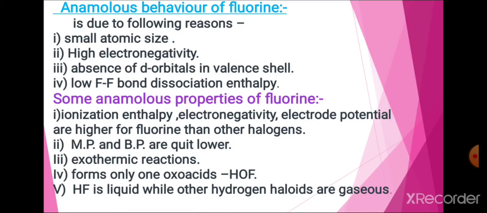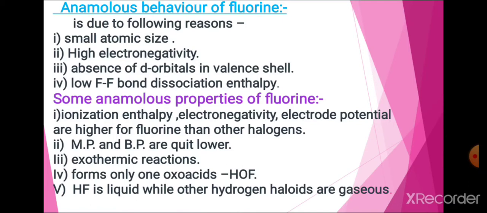In fluorine there is an absence of d orbitals in its valency shell, and it has low F-F bond dissociation enthalpy due to its small atomic size. The lone pairs on the fluorine are very close to each other. They repel each other. That's why the fluorine-fluorine bond is weaker and requires less energy to dissociate.